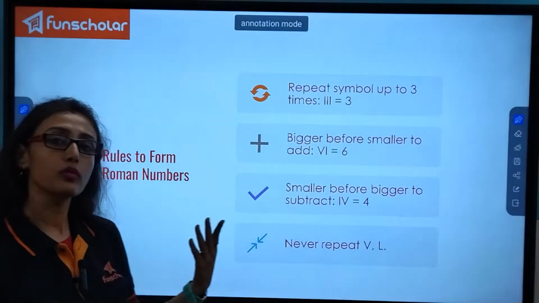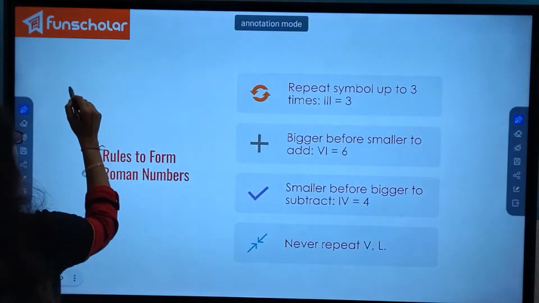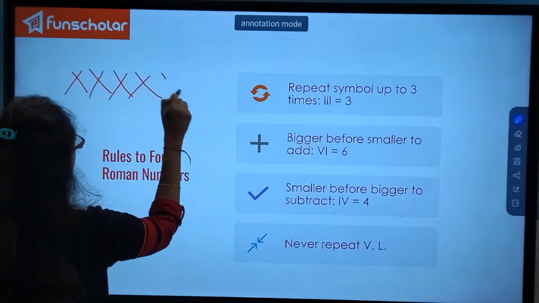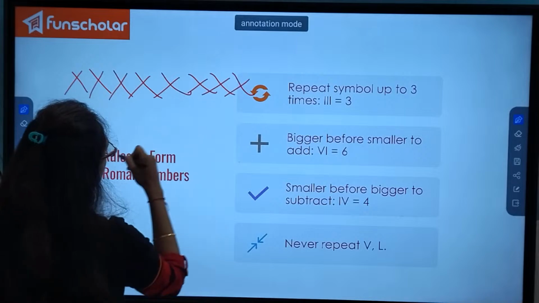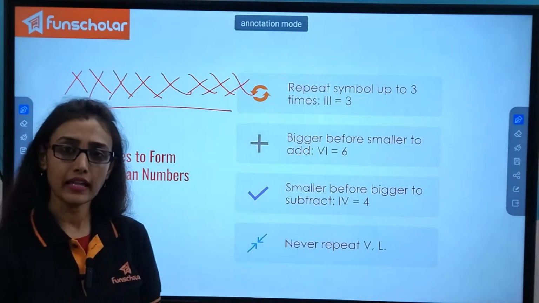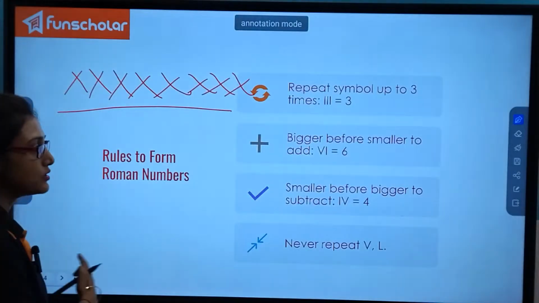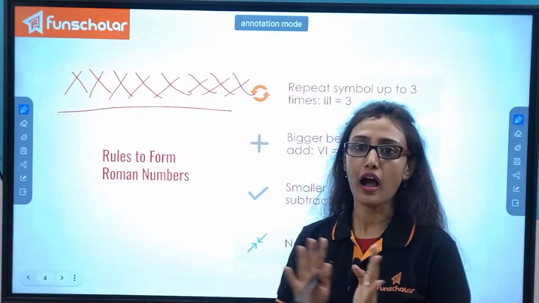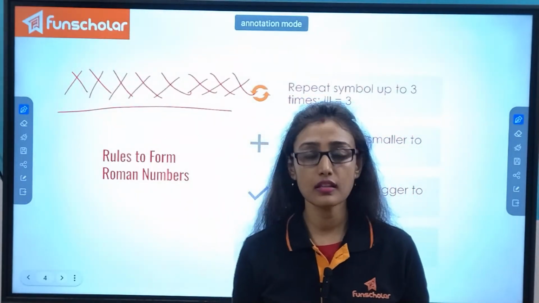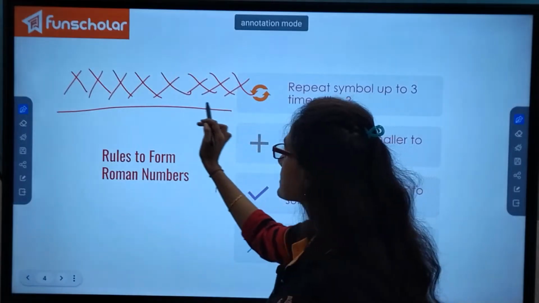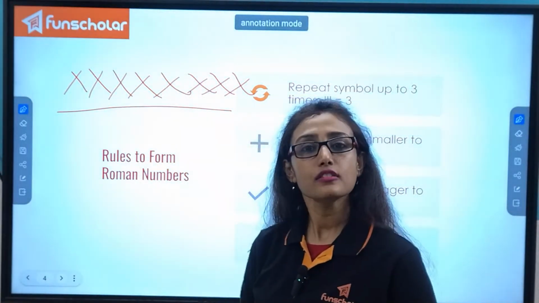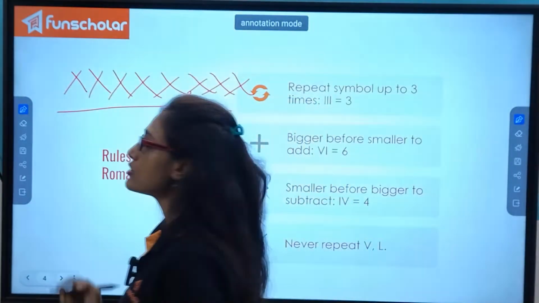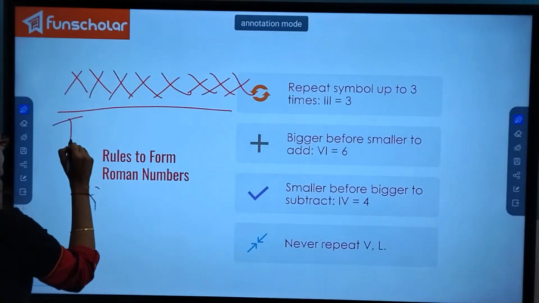Suppose you go to a shop and say, give me some mangoes of rupees X, X, X, X, X, X, X, X, X, X. Do you think this can be decoded by any shopkeeper? They invented these numbers to use in daily life to count things and keep calculations, right? If you just say X, X, X, X, X, X, X, that has no meaning. It is very tough to calculate this, isn't it? So that is why they have done what?